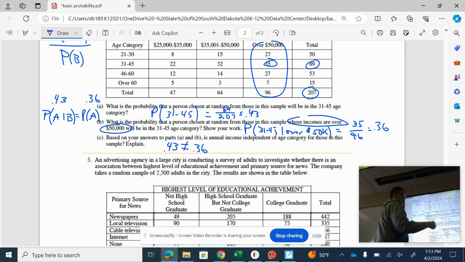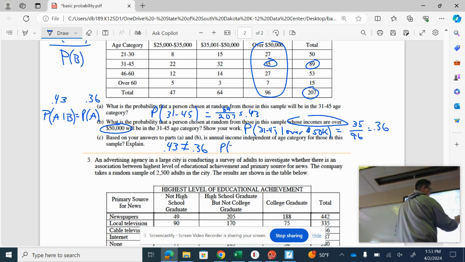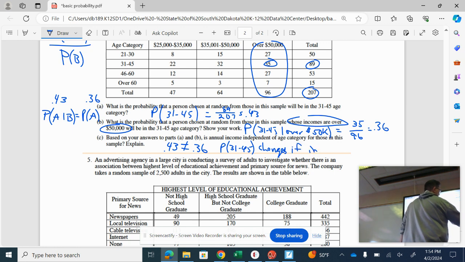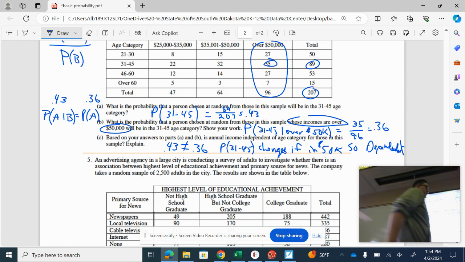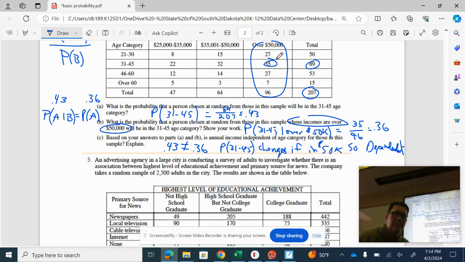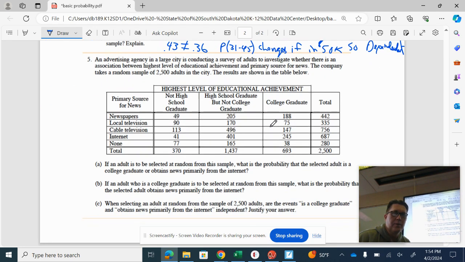In other words, the probability of 31 to 45 changes if in the 50K category. So they're not independent, or dependent. Okay, a little bit of review with the independent-dependent situation.